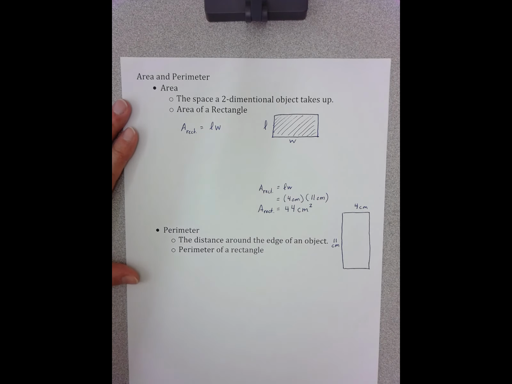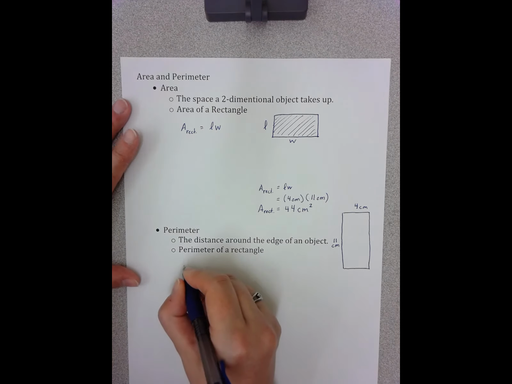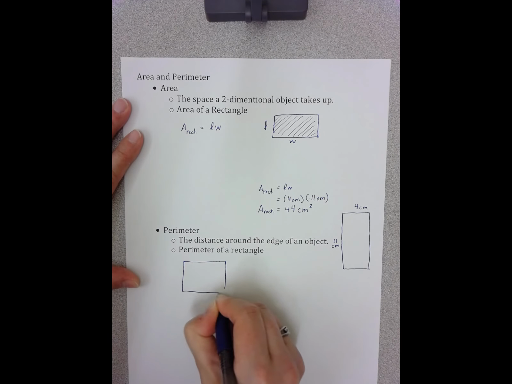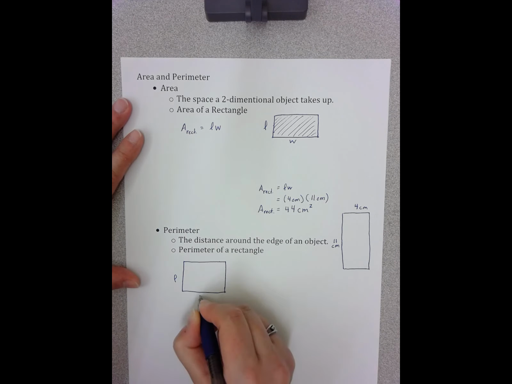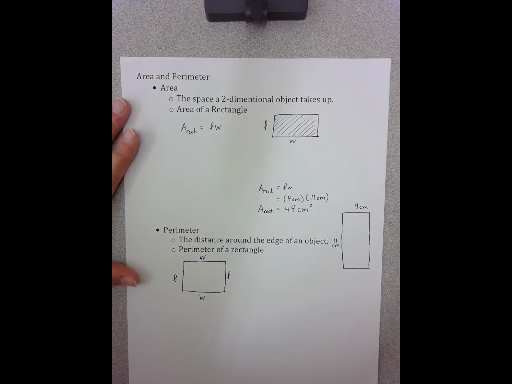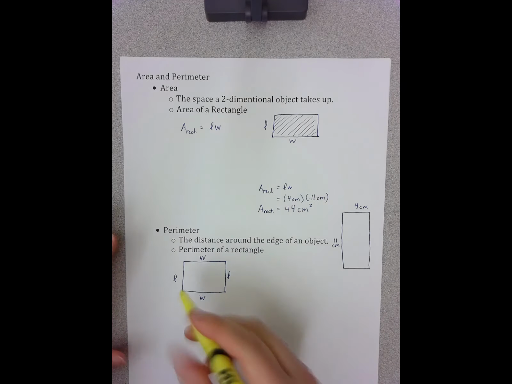Now, perimeter is the distance around the edge of an object. It's not two-dimensional, it's just length. So if I have the perimeter, this length, width, length, I really am just going around and adding up.